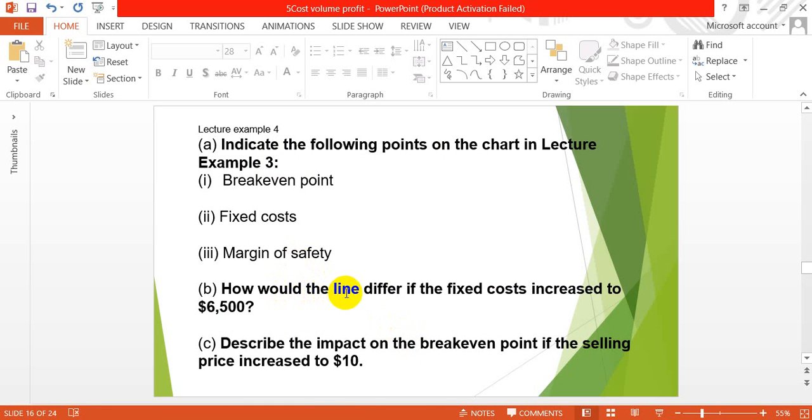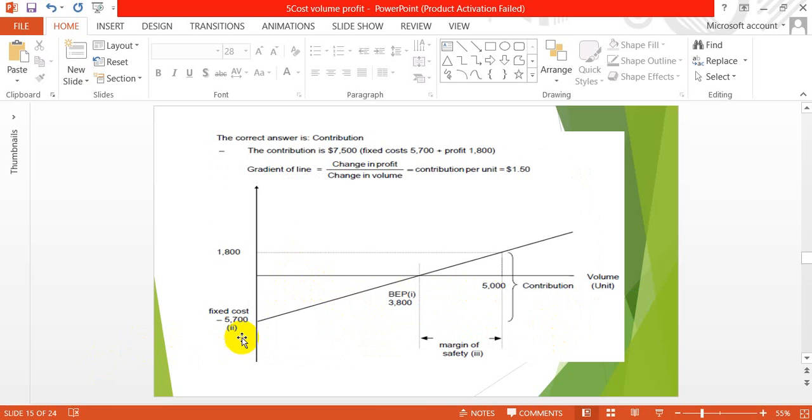How would the line differ if the fixed costs increase to $6,500? Currently our fixed costs are here, so 6,500 should be somewhere towards the bottom of this line.